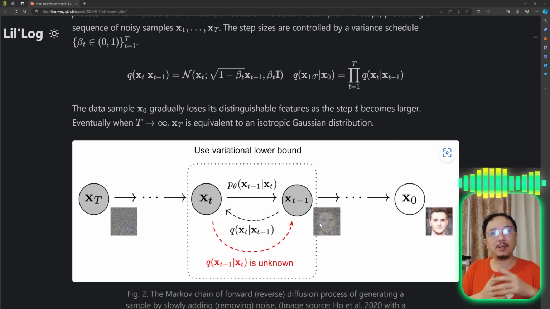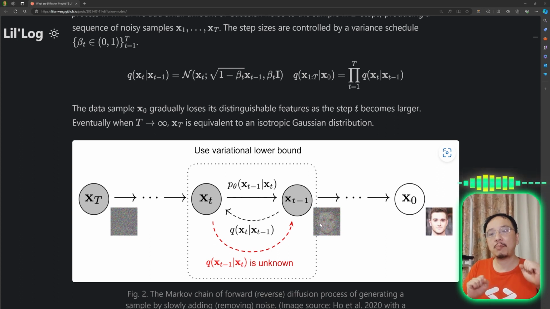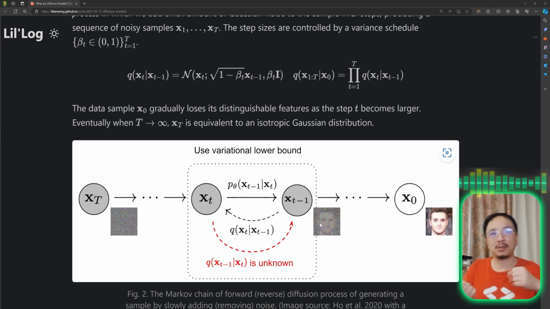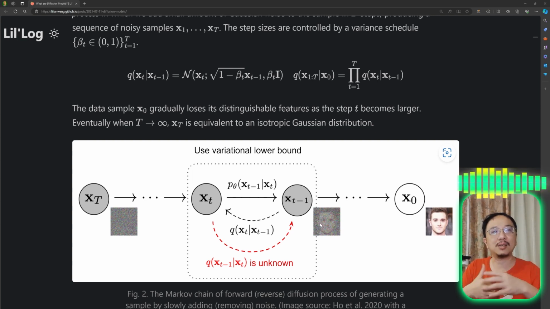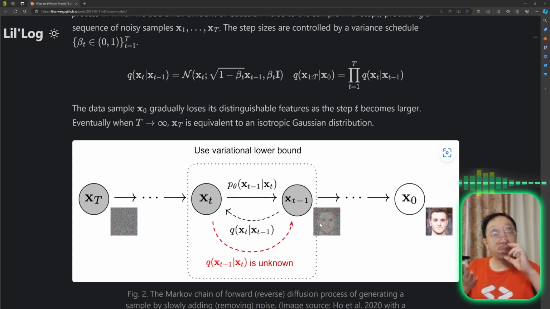For example, if an image has a resolution of 500 by 500 and 3 color channels, we treat this image as a vector of length 500 times 500 times 3, which is a vector of length 750,000. So the vector has a dimension of 750,000. How do we actually add noise to it? We add Gaussian noise to each of the components of this vector.